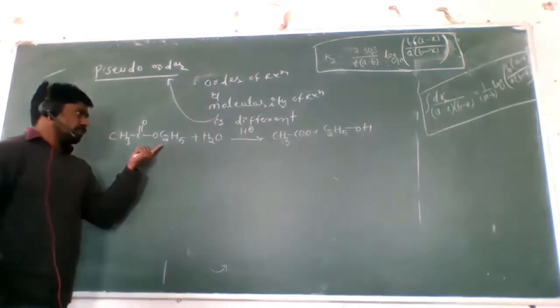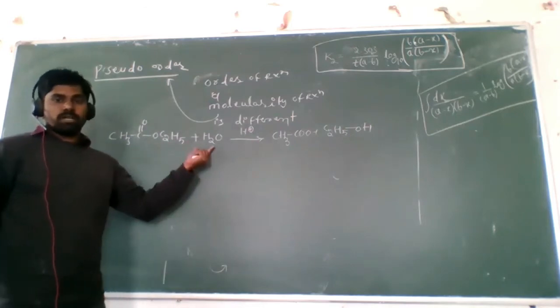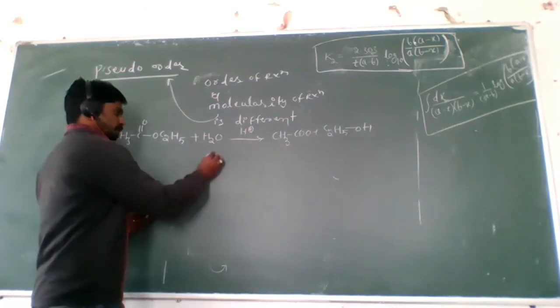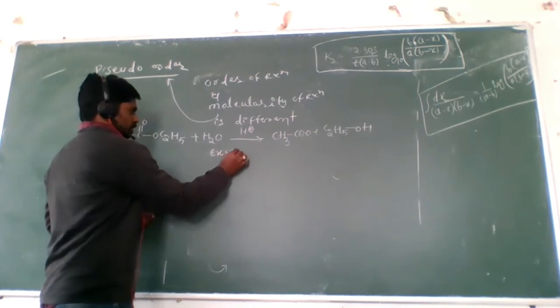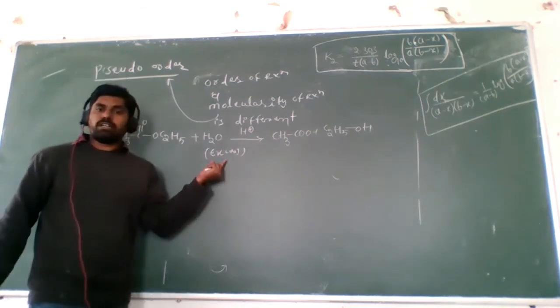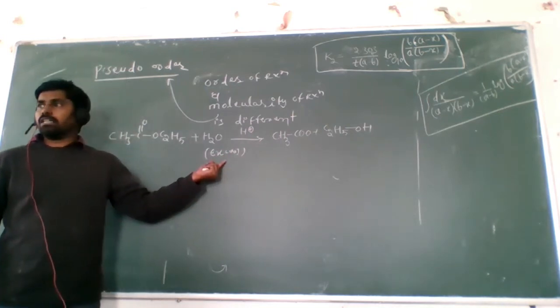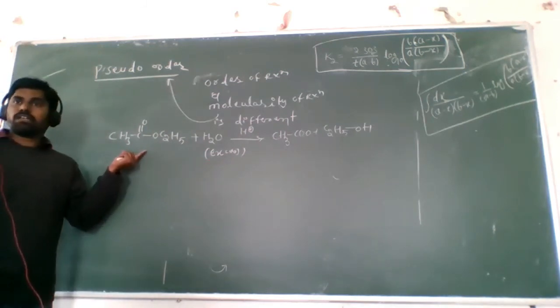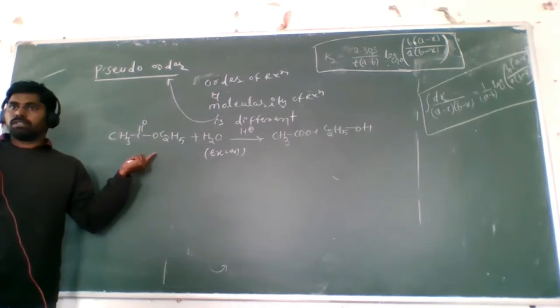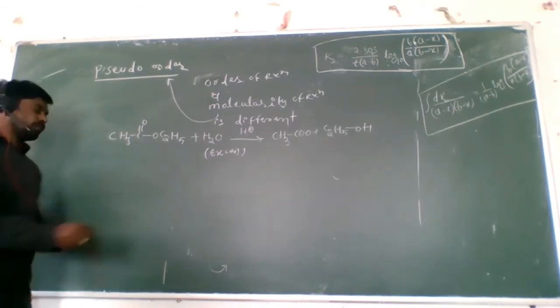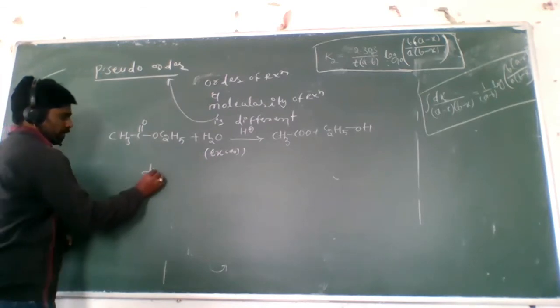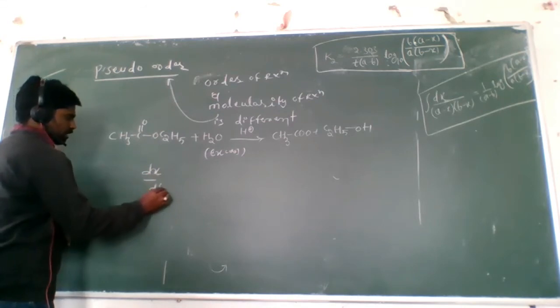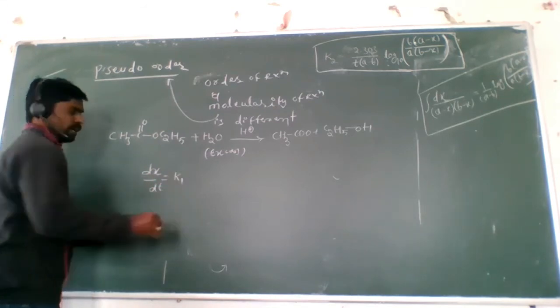Look here, this is the ester and this is the water. Here water is in excess amount, so it does not influence the rate equation. Is that clear? It does not influence the rate equation, only the ester influences it. Yes or no? Now rate, dx by dt, is equal to k1.